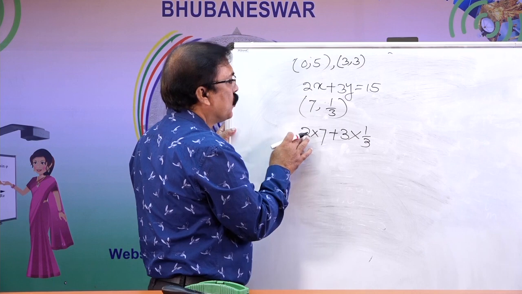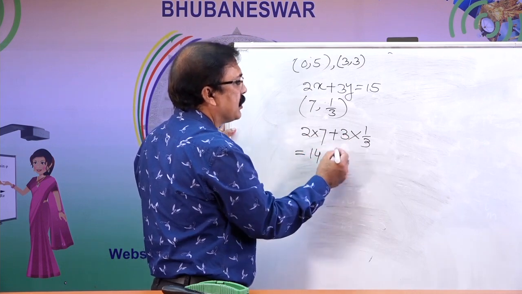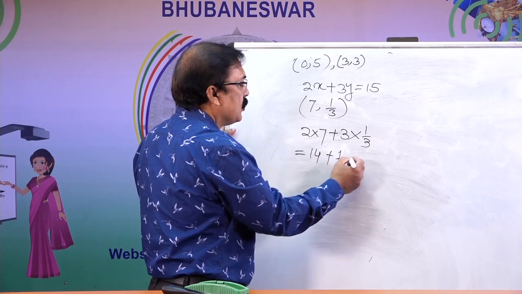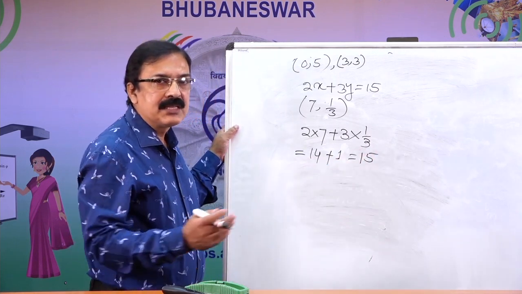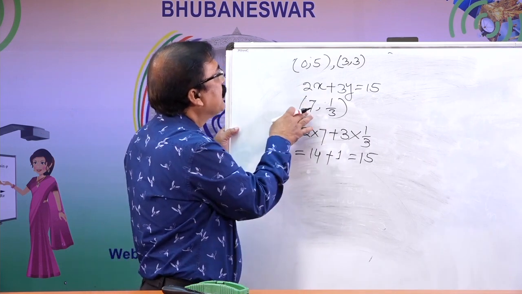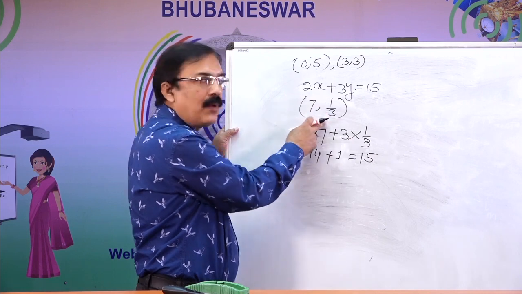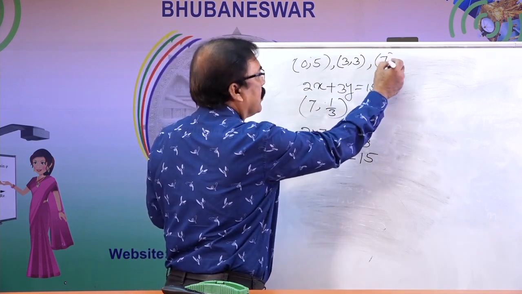This gives 2 into 7, 14, plus 3, the 3 cancelled, that is 1. So 14 plus 1 is 15. So the equation is satisfied by this solution 7, 1 by 3. So this is a solution to the given equation.